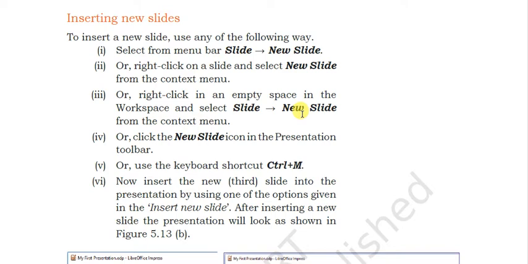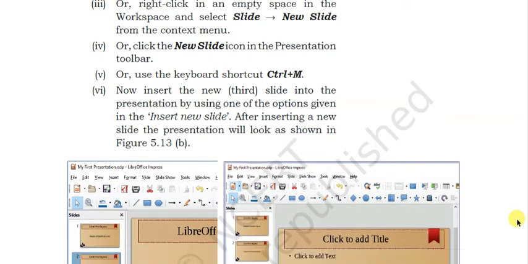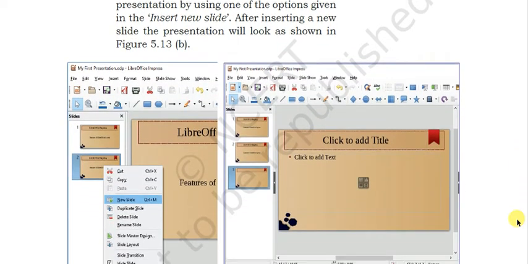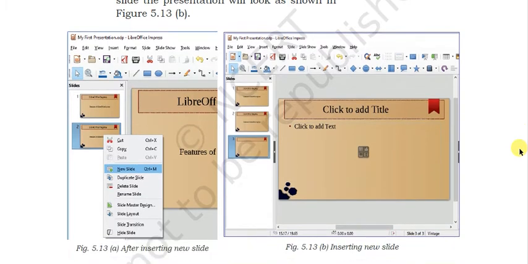Okay, and you also have a new slide icon in the presentation toolbar, or there is a shortcut key Control M. Okay, you will have the new slide. Okay, that's how you create a new slide. So now you have three slides. One is the basic title slide, then you have duplicated it. The second one is the duplicate of the first one, and you have inserted the third one.